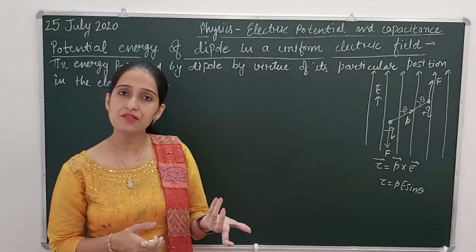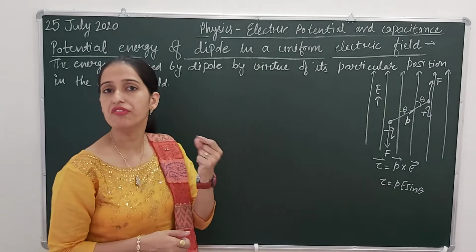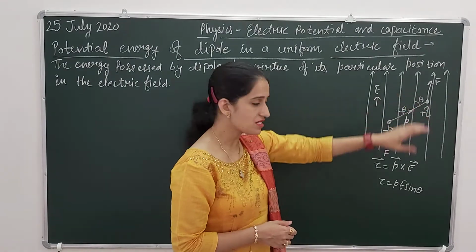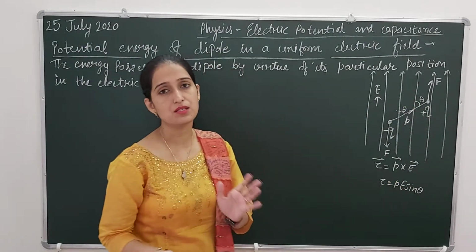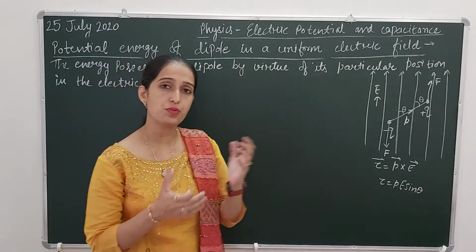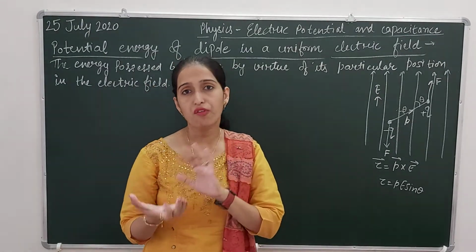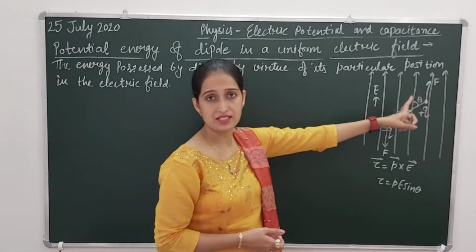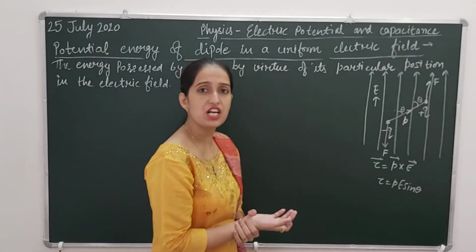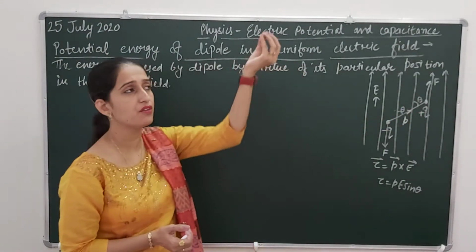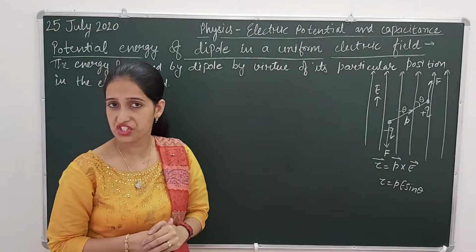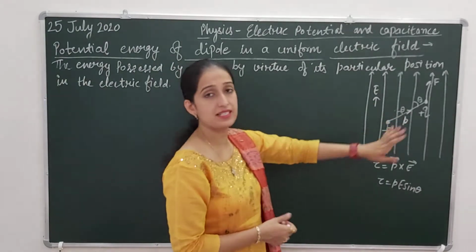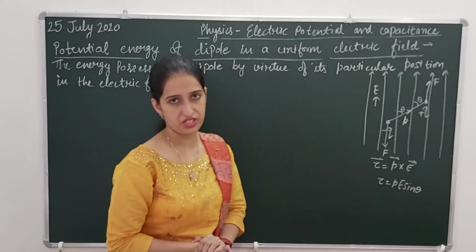Or we can say the amount of work done in rotating this dipole against this torque is the potential energy. When we discussed charged particles, we brought a charge from infinity to a particular position, which was linear motion. But in this case it is rotational motion.